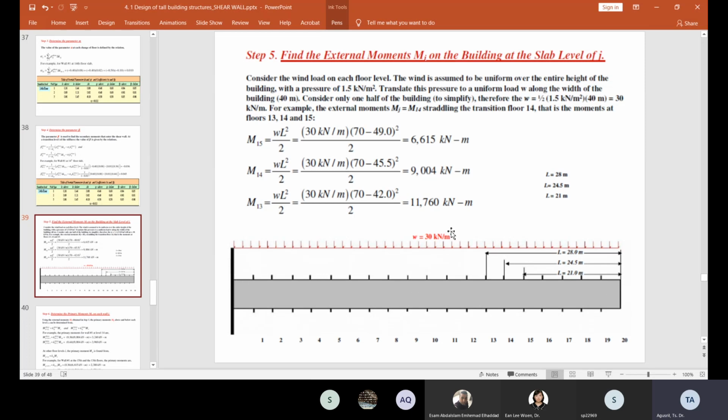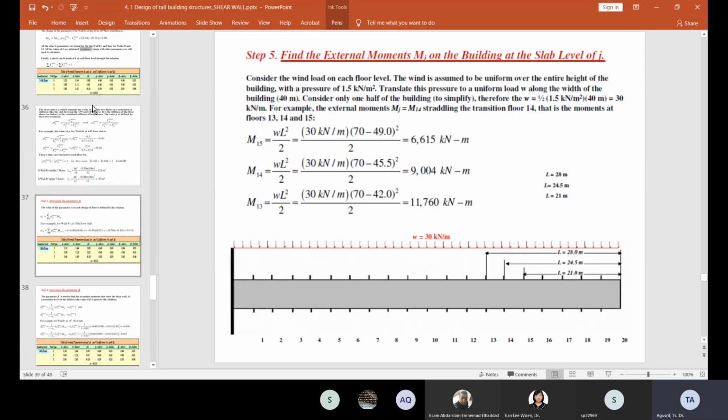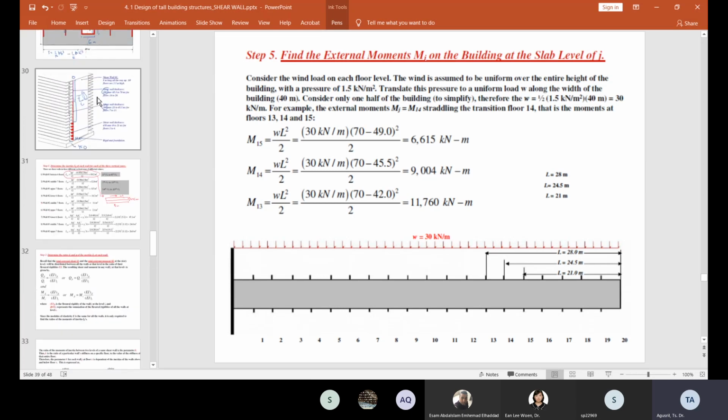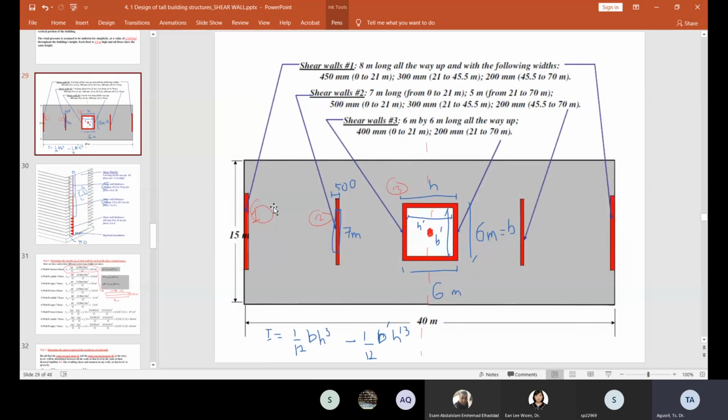The width of the building is 40 meter. You can see here is 40 meter. Because now we focus on this half of the building, it means the loading we need to consider is up to the 20 meter length of the building only.